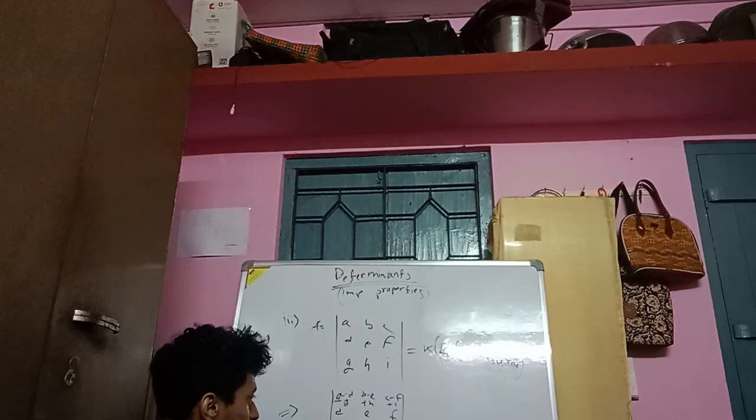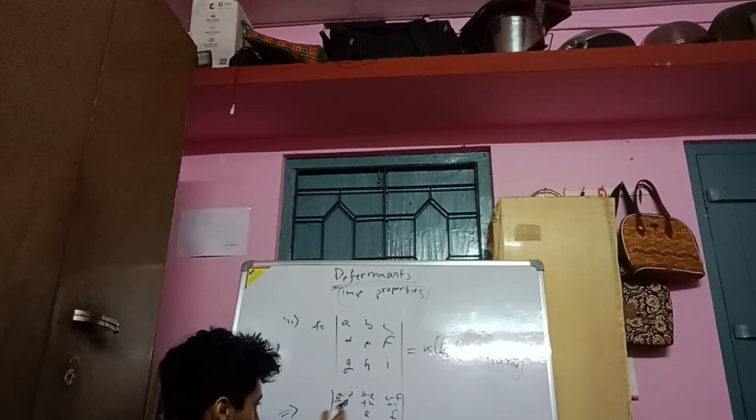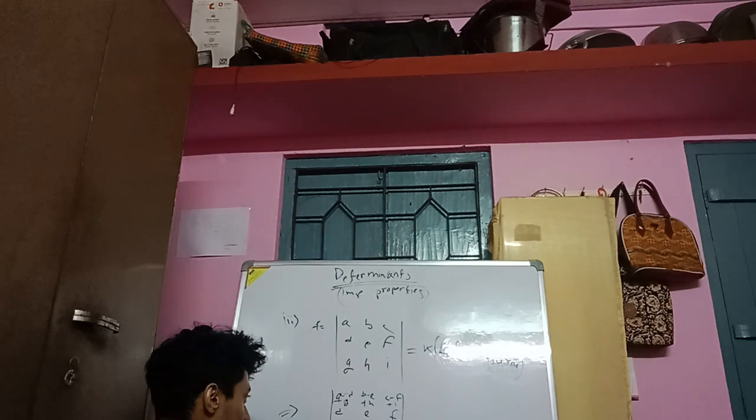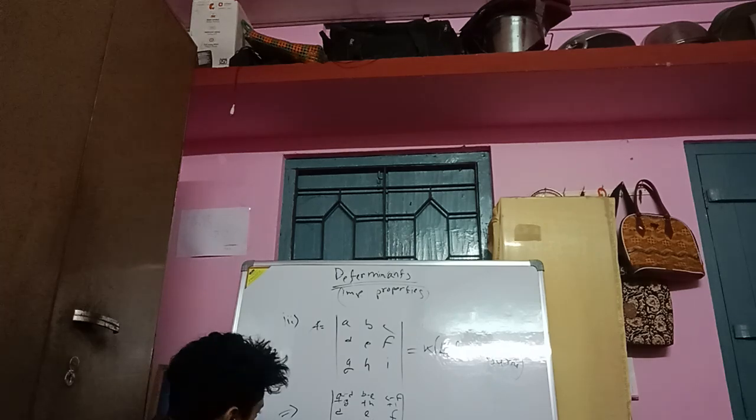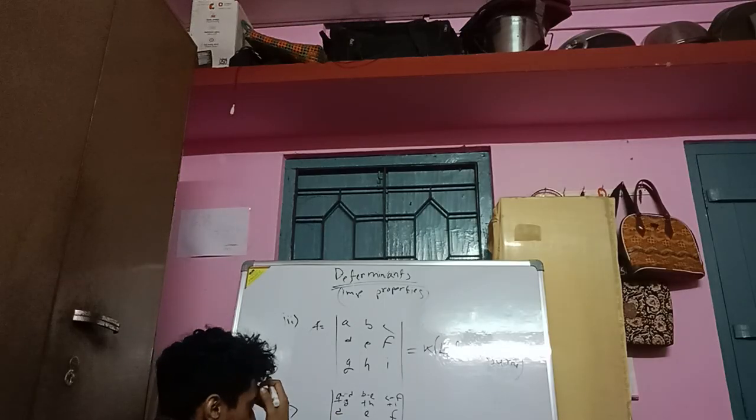And not only that, if I multiply a scalar with the row or the column before creating a new one, the value would still stay the same. Let's say we have a constant here called m: gm, hm, im.